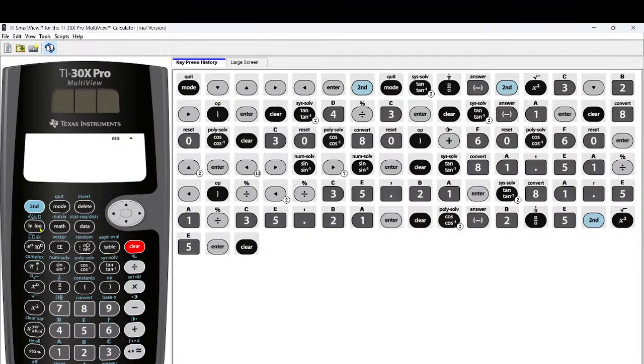I think if I remember, you have to hit that log button 3 times. The first time gives you natural log, the second time gives you the common log, and the third time on this calculator allows you to input any base you want. Base 3 logarithm of 81. And there's our answer, 4.